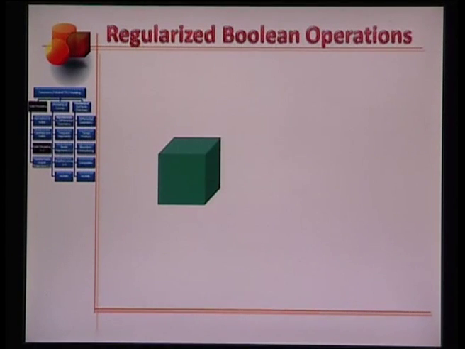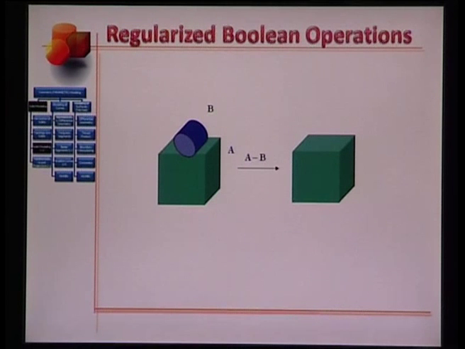The third example of a block and of the same cylinder, solid A, solid B. We now compute A minus B. We'll get a block with a slight singularity on the top face.